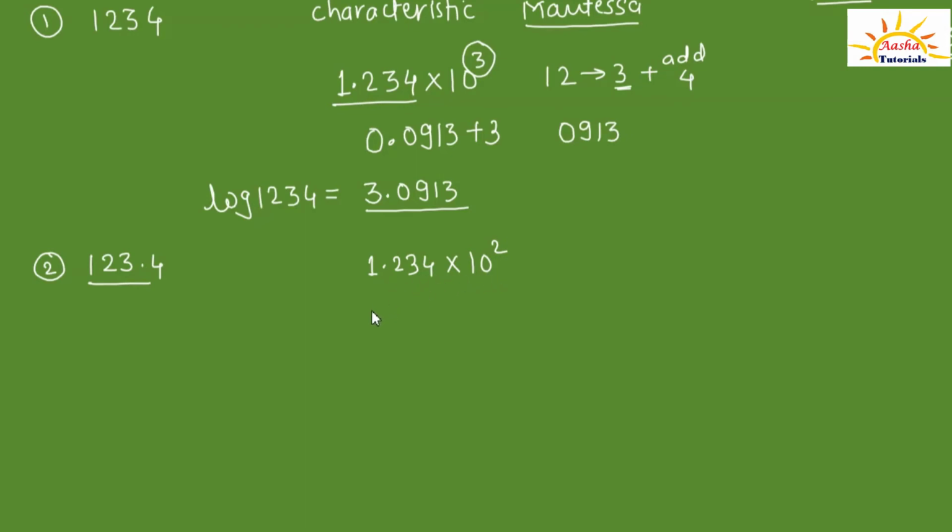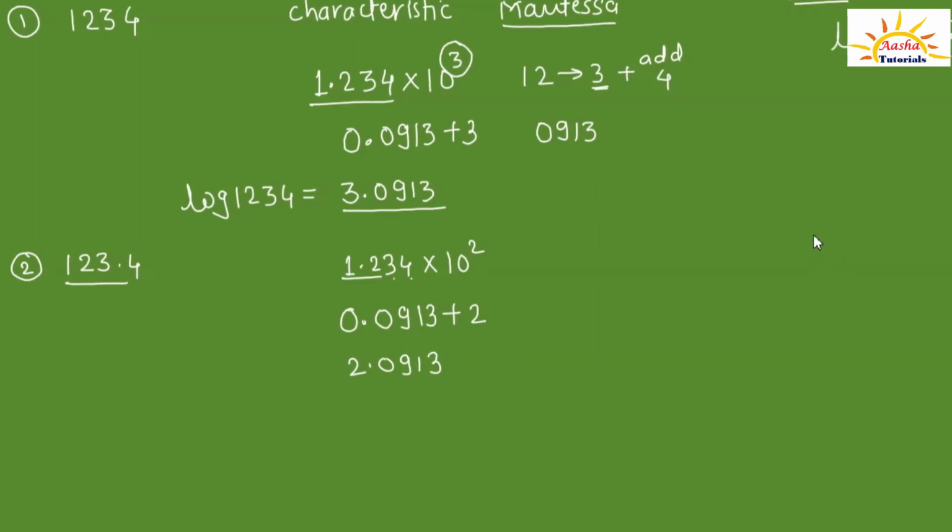Now the characteristic value of this is 0, and the log of 12 in the third and fourth columns we have again as 0913, and plus to that the log of 10 raised to 2, that is 2. So finally I get this answer, 2.0913.